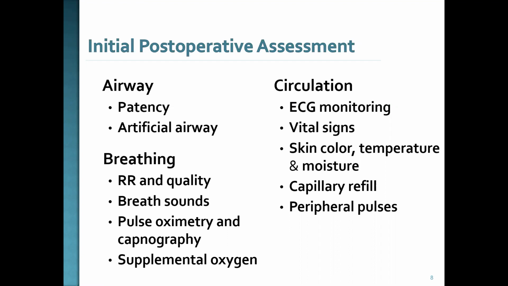Oxygenation and ventilation can be affected by residual neuromuscular blockade. It can be affected by use of opioids and patient characteristics such as sleep disordered breathing from maybe obstructive sleep apnea, and also abnormal airway anatomy. So those are all important to note.